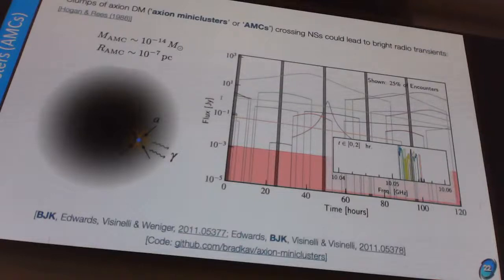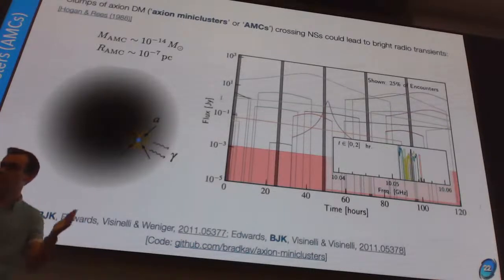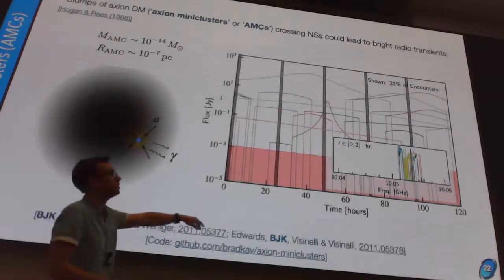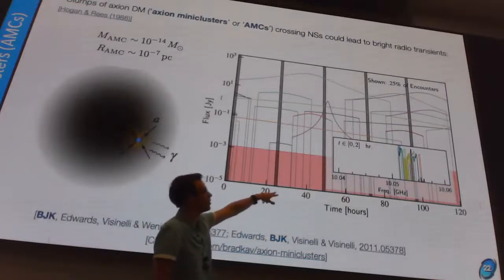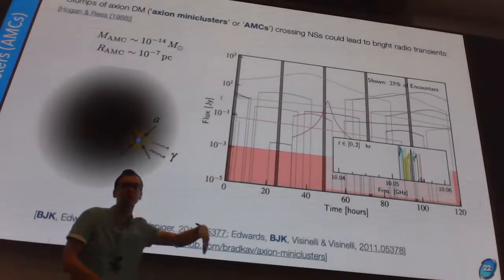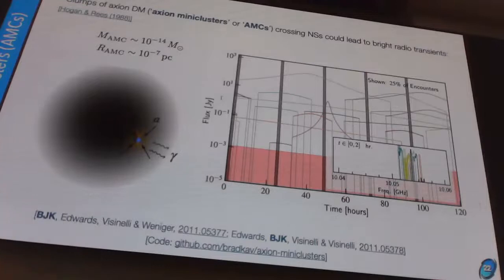One of the cool things is that because you've taken a lot of your axions and bound them together in a clump, the density in that clump is quite large, and so the flux of radio that you get can be very large. You don't necessarily need a lot of observation time to find a very low flux. You can just look for a little while. This is an example from a proposal we wrote where you're just looking for a couple of 2-hour windows and seeing what you can see.